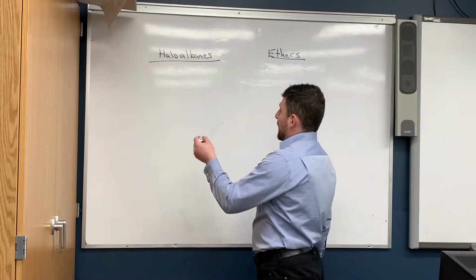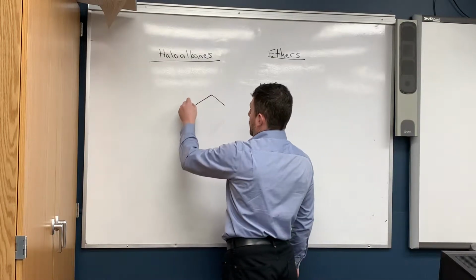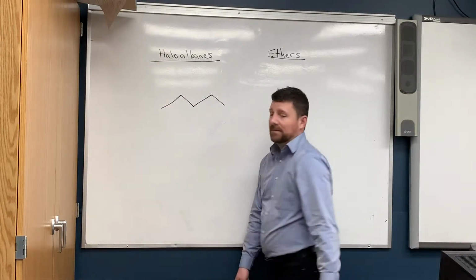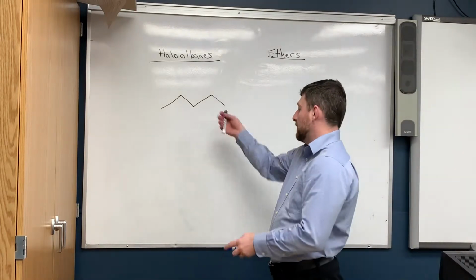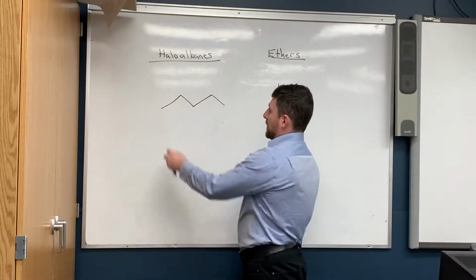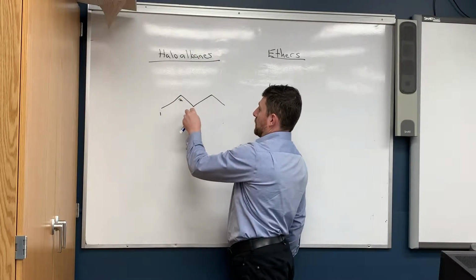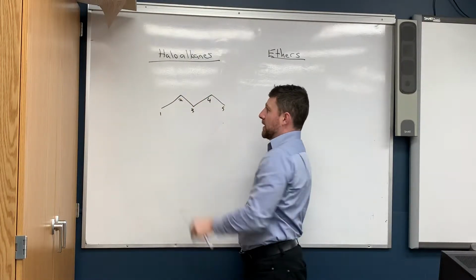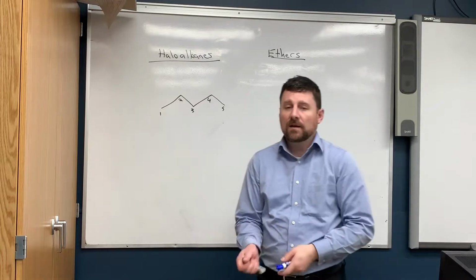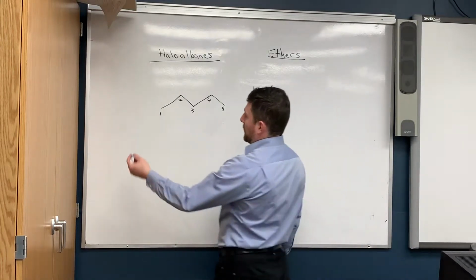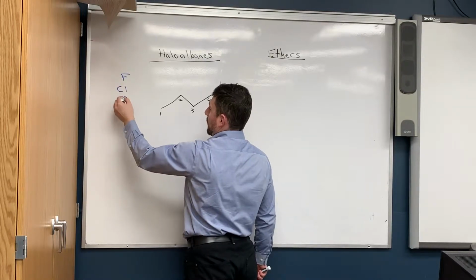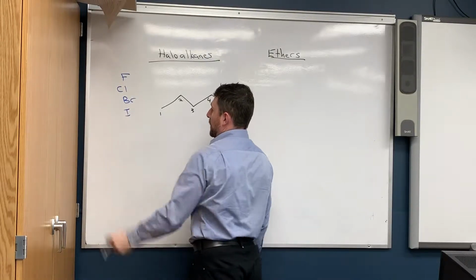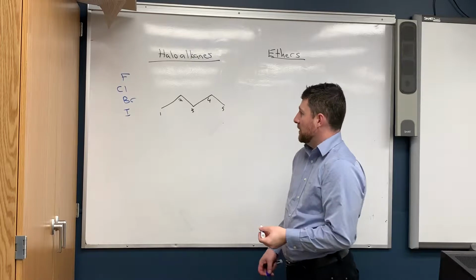So with haloalkanes, all we're doing is adding halogens to our alkane. So say for example I start with a nice easy alkane, like 1, 2, 3, 4, 5. That's going to be a pentane main chain. And the halogens that we generally see could be fluorine, chlorine, bromine, or iodine, right? And we just name them.